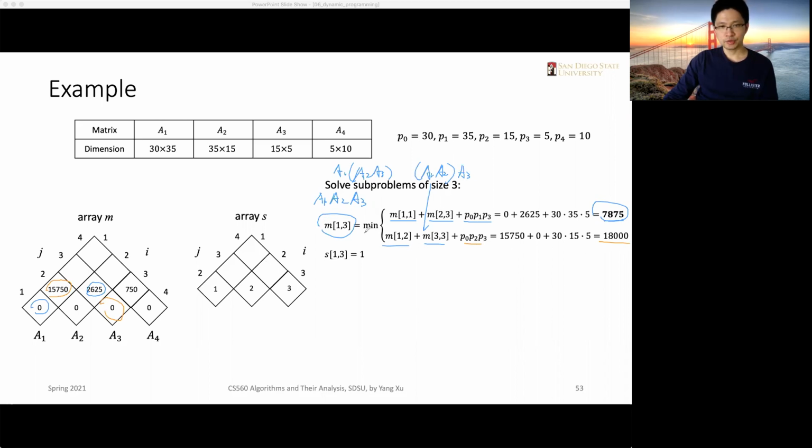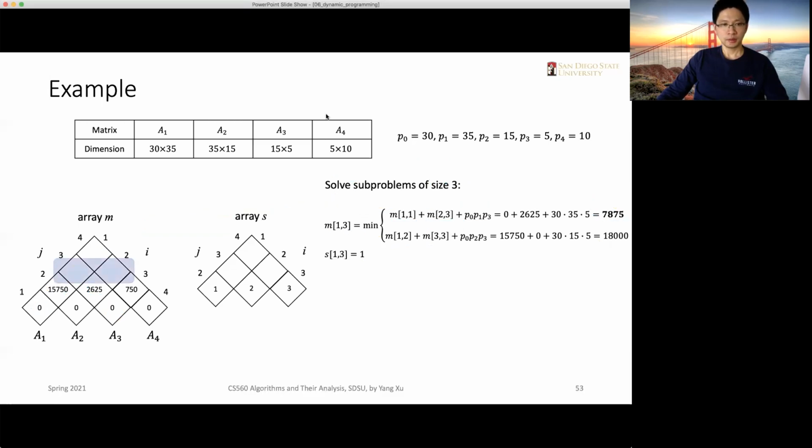We need to choose between these two, the smaller case. So apparently it should be this value. We put this value into the cell here, which is M13, and S13 would be the corresponding place of placing the cuts.